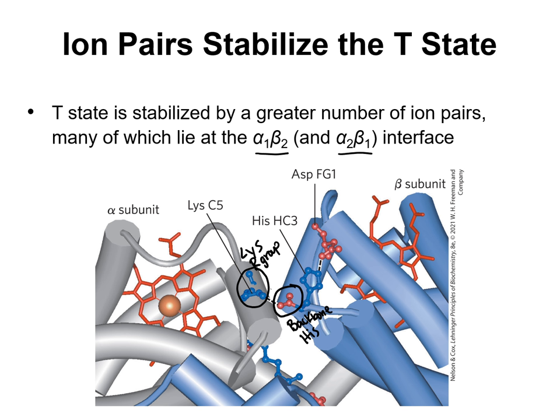So there's one hydrogen bond there. We also have some hydrogen bonding between an asparagine on a loop between two helices and a histidine on that same beta subunit. So those are two of the key interactions between the alpha and beta subunits that help stabilize that T state.